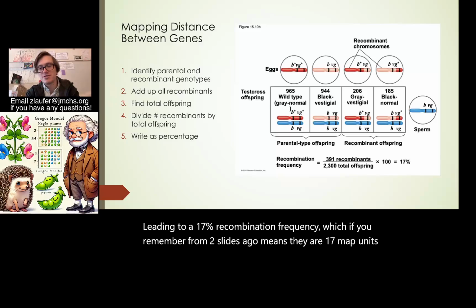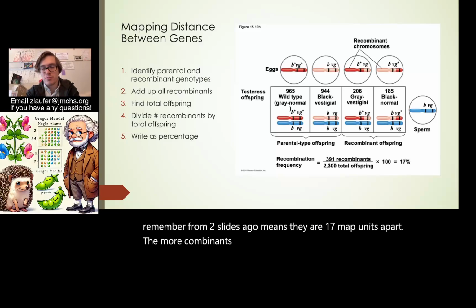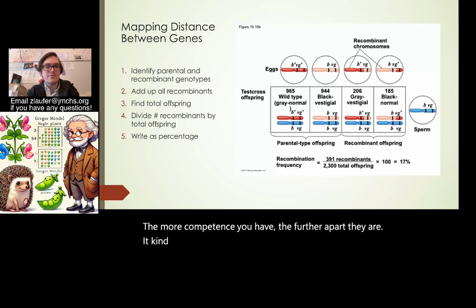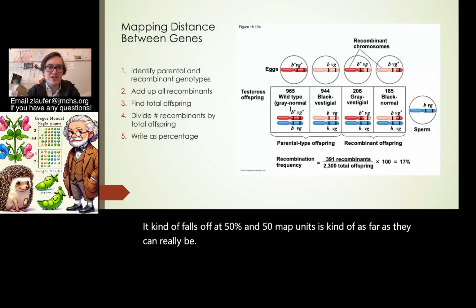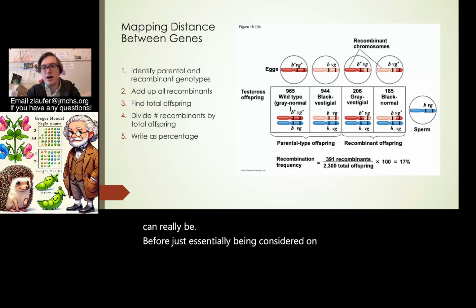The more recombinants you have, the further apart they are. It kind of falls off at 50%, and 50 map units is kind of as far as they can really be, before just essentially being considered on different chromosomes.